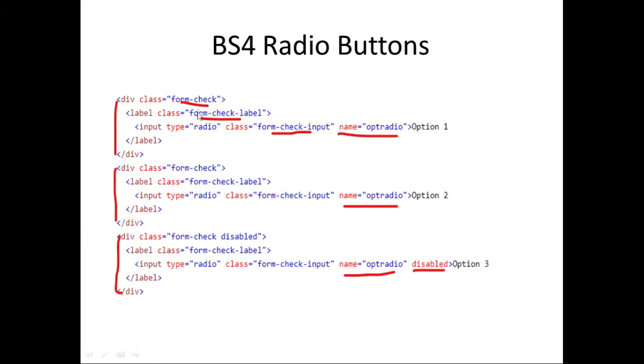So to do that, we have form check. So the same form check, form check, form check input, but this time type here is radio. So similar with the checkbox, but the type is different. So type radio, then we place here disabled and disabled. So we disable both the label and control itself.